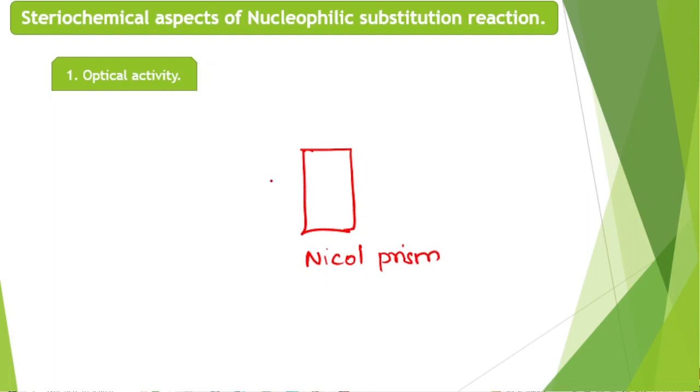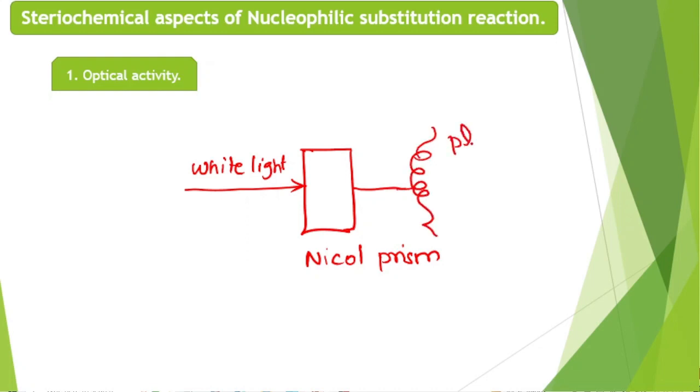So when you pass a white light through the Nicol prism, it becomes plain polarized light. So it will be emitting as a plain polarized light.